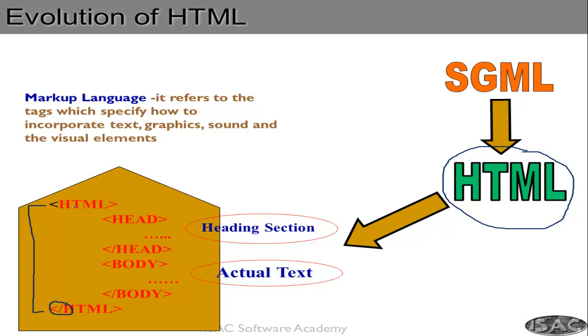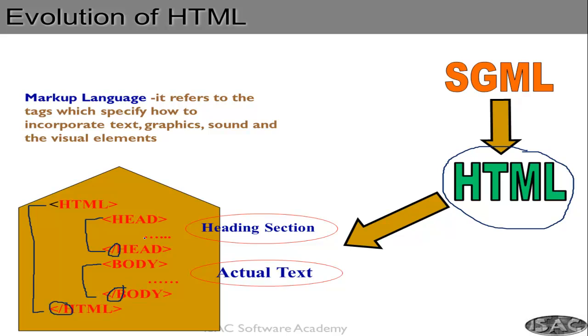Inside these two tags, which are like a starting bracket and an ending bracket for HTML, there is a pair of brackets. There is another one called head, and then another one called body. The difference between the opening and closing tags is this forward slash, which is an indication that the tag is closing here.